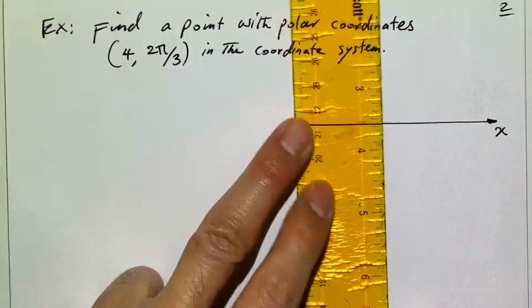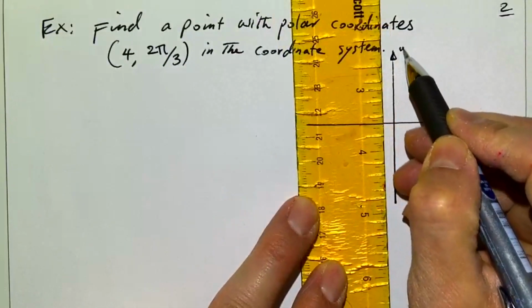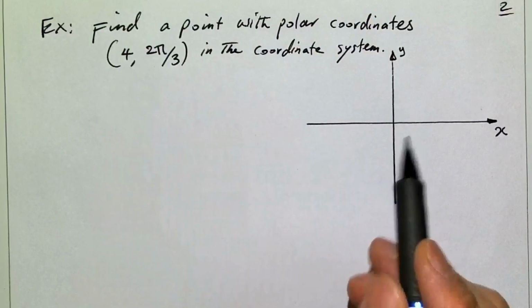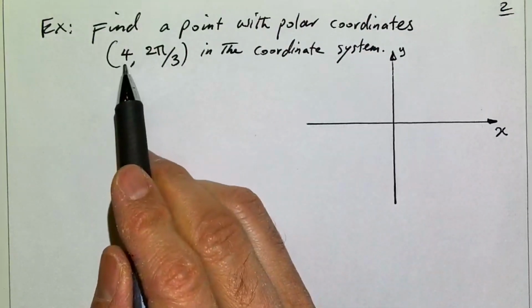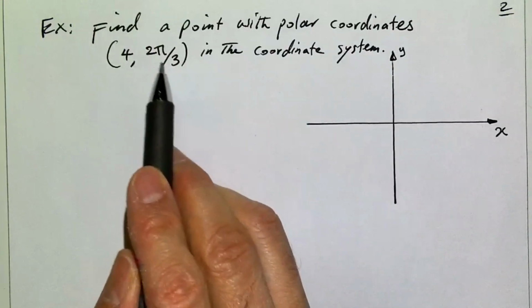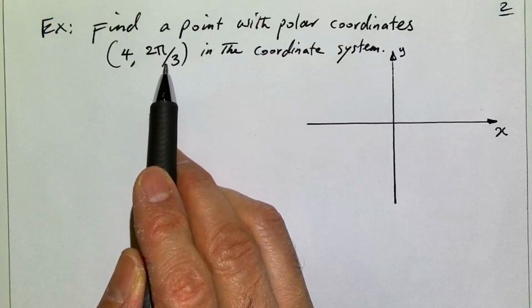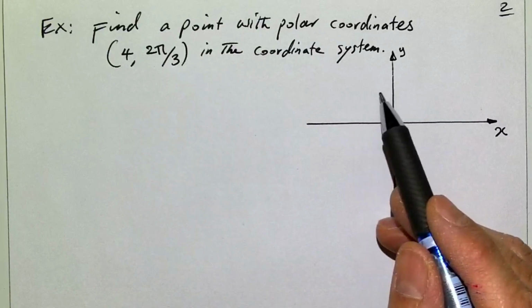So let's call this x. That's the coordinate system we're used to. Now 4 is the distance from the pole to that point, but let's look at that next. The first thing is figuring out this angle. If this is 2 pi over 3, would it be in the first quadrant or the second quadrant?